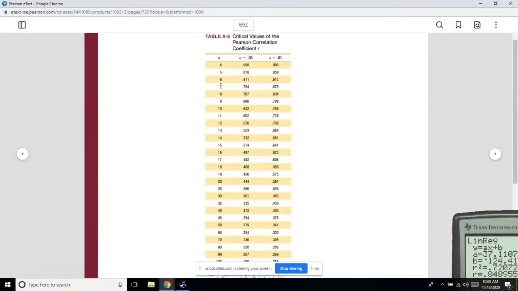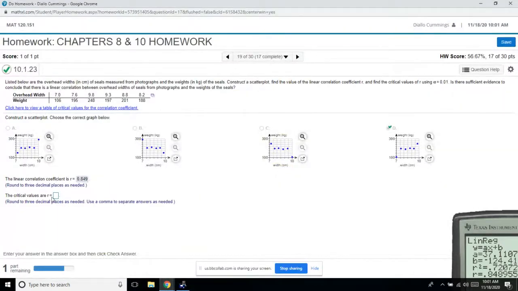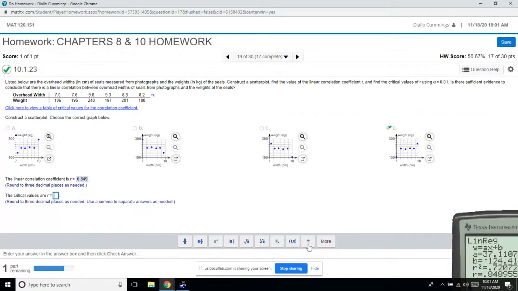So if I go back to our chart, we find N is 6, alpha is 0.01. So we have critical R values of plus or minus 0.917. So our critical R values are plus or minus 0.917.